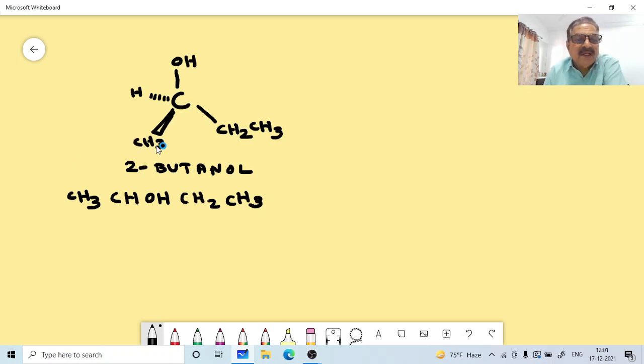So the methyl group is on a wedge, that is above the plane of the paper. Then this is in the plane of the paper. Hydrogen is on a dash, that is behind the plane of the paper. And OH is again a solid line, that is in the plane of the paper. This is 2-butanol here. Now we can draw the mirror image of 2-butanol. This is a mirror.